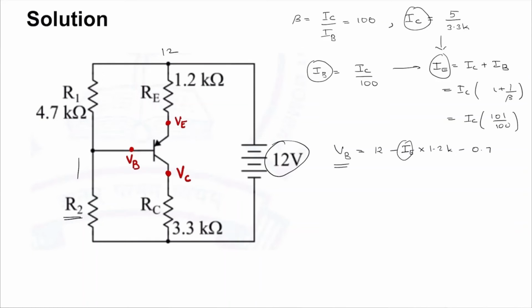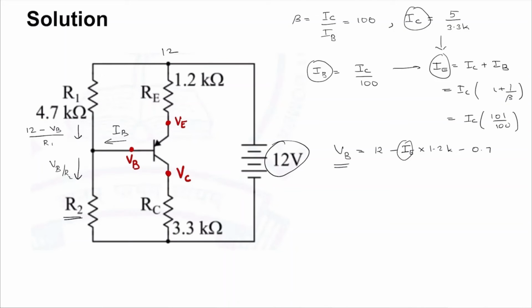Now, we can do a KCL at the base junction. These are the currents: VB by R2, IB, and 12 minus VB by R1.